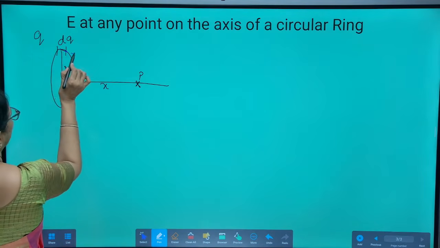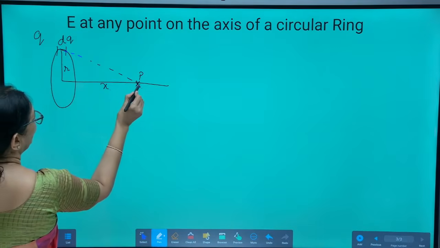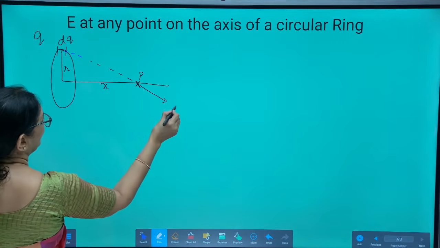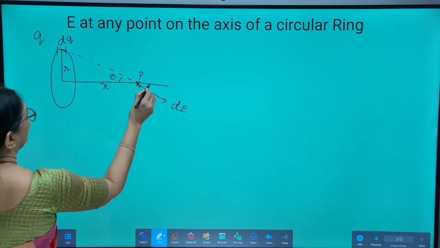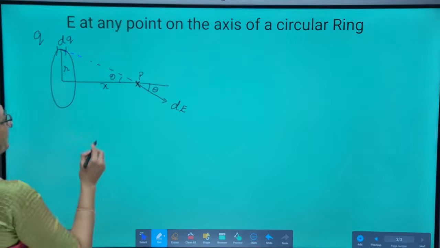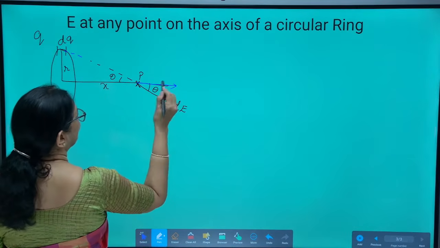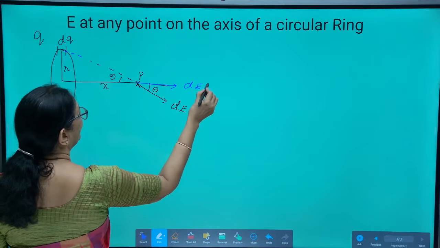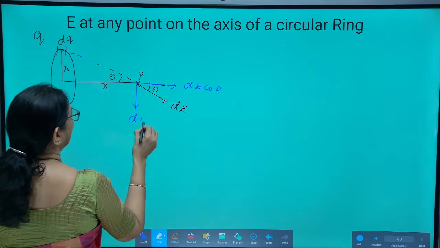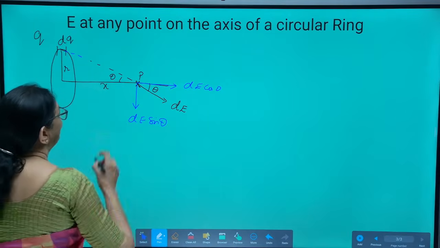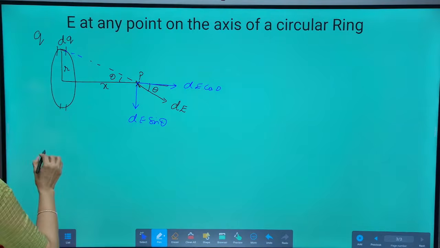Electric field intensity at the point P due to this element will be in this direction. Let this be dE. If this is theta, this is also equal to theta. Its component along the x axis is dE cos theta, along the y axis is dE sin theta, and there is an identical component here also.